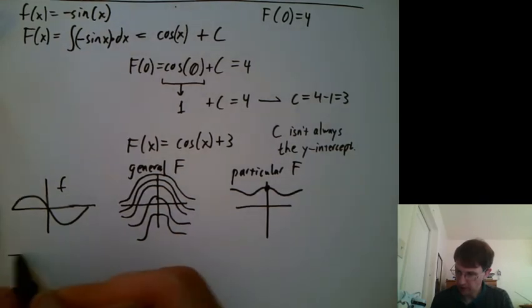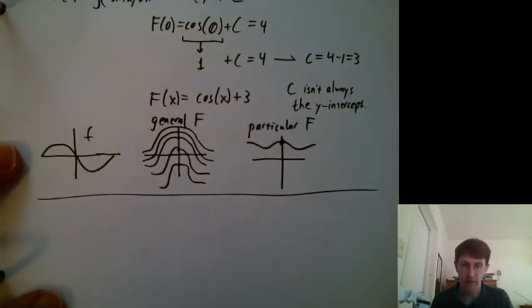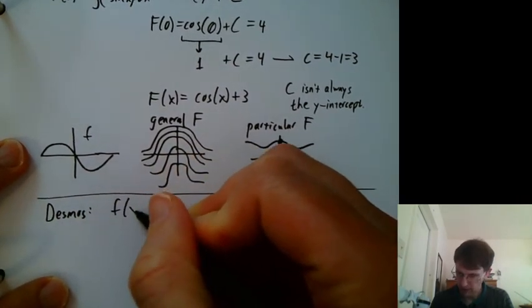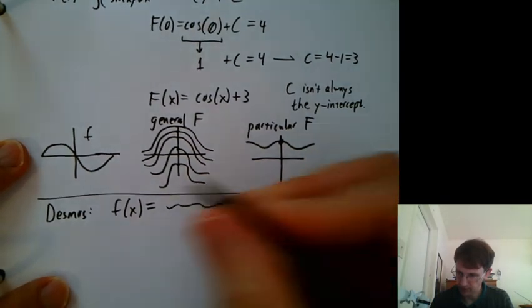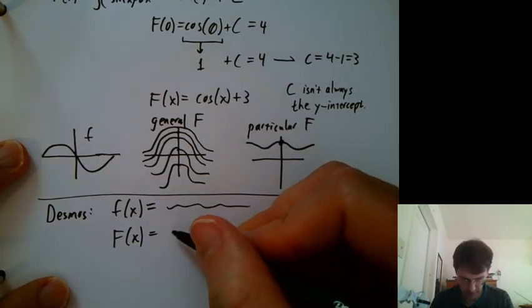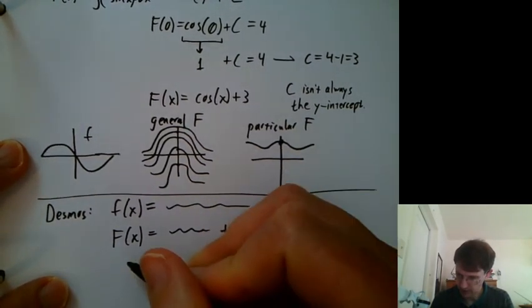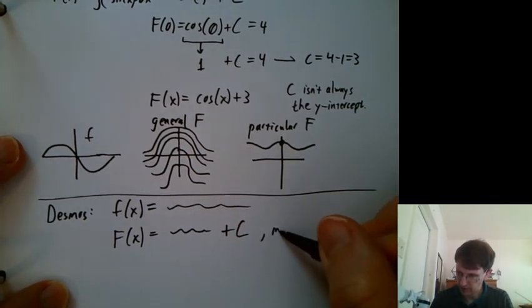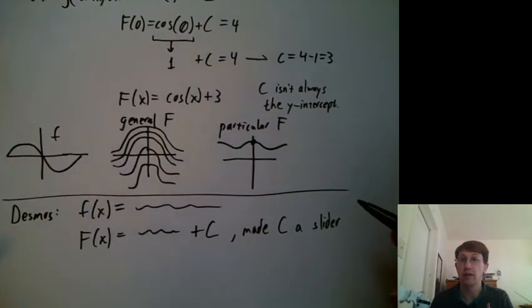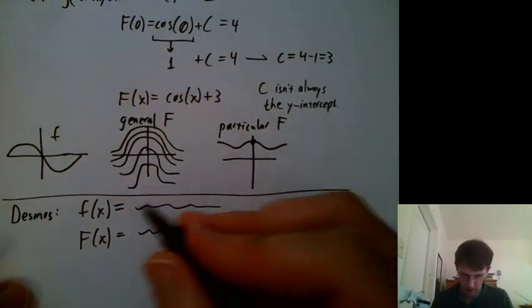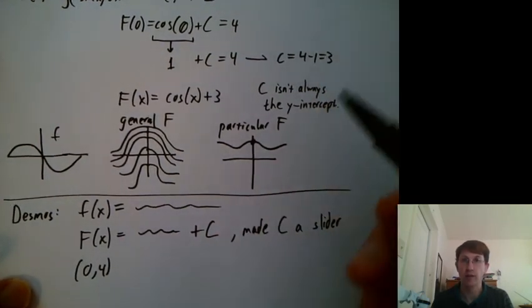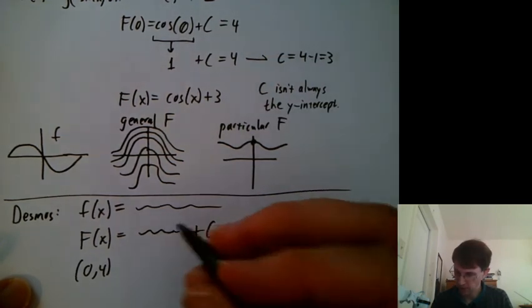Let's summarize what we did in Desmos as a graphical way of finding out c. So we said f of x equals whatever we were given, big F of x equals whatever our by-hand antiderivative was, plus c. And then we made c a slider. And we even had to increase its range sometimes. And then we put a point like 0, 4 in the problem we just did, or 3, 9 in the other problem.